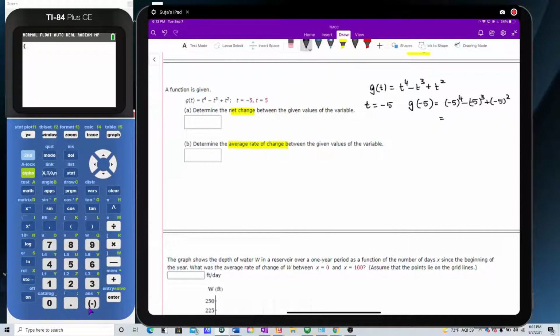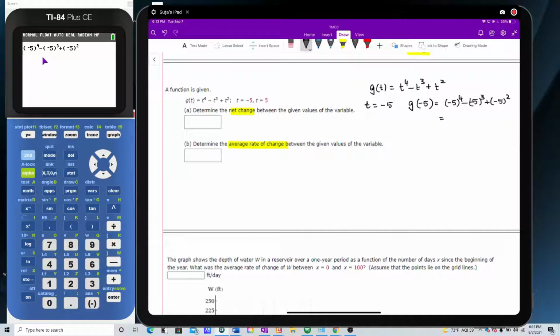Parentheses -5 to the power of 4, and minus (-5) to the power of 3, sorry, and then plus (-5) squared. Okay, and I'm doing this for a reason.